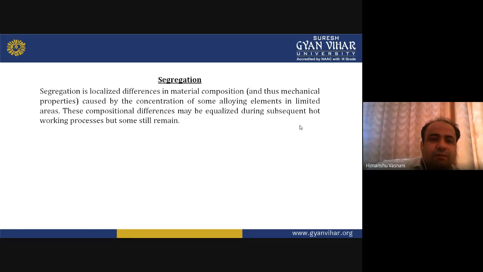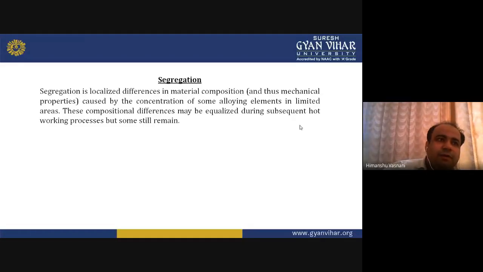It means you find that at some point the materials have mixed more and at some point materials have mixed less, so there is a difference in the material composition, and that is found as segregation. These compositional differences may be equalized during subsequent hot working, but some still remain.